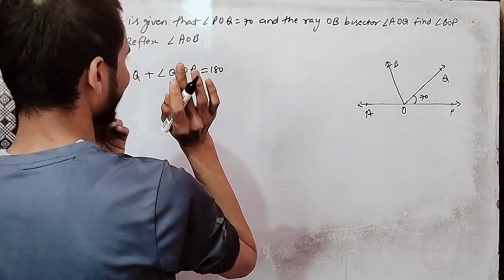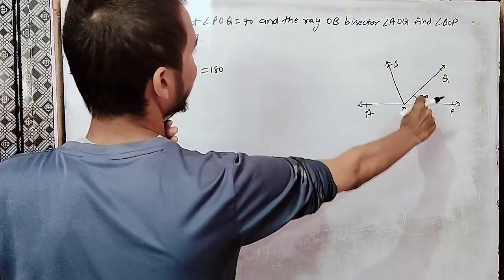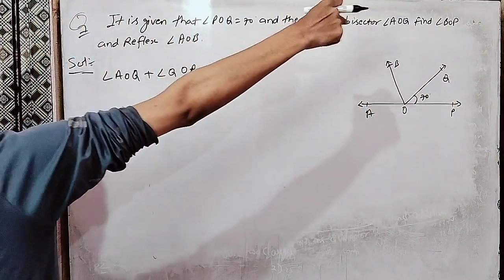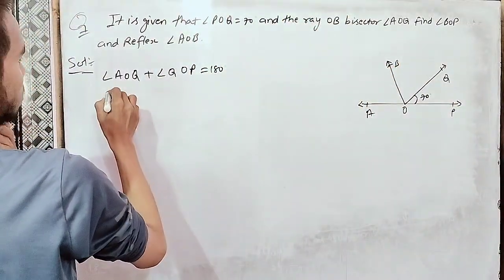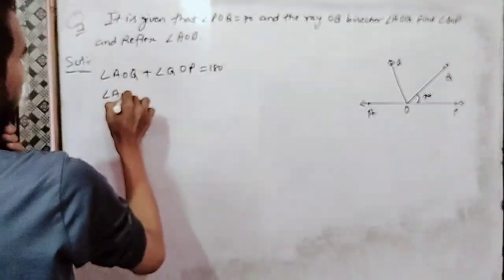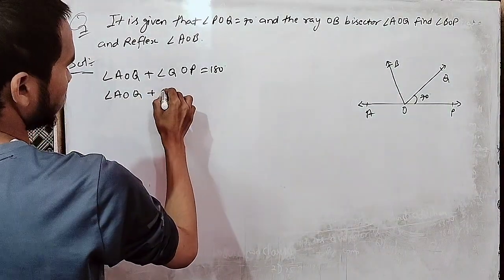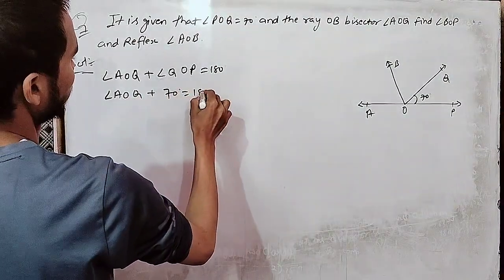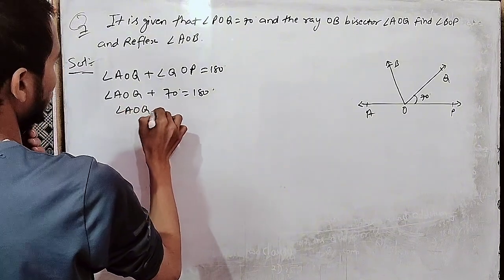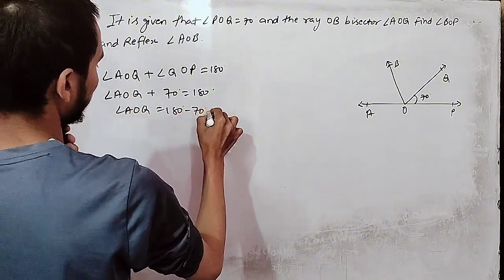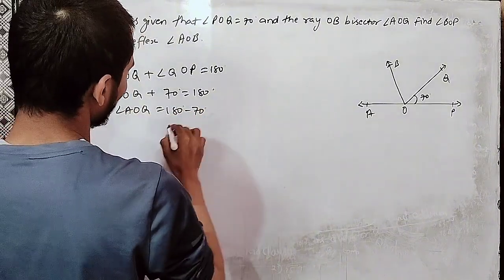This is the first equation, and we have already been given the value for angle QOP, which is how much? 70 degree. So 180, angle AOQ is 180 minus 70, would be how much?